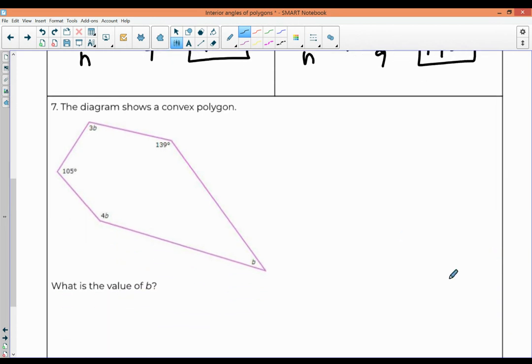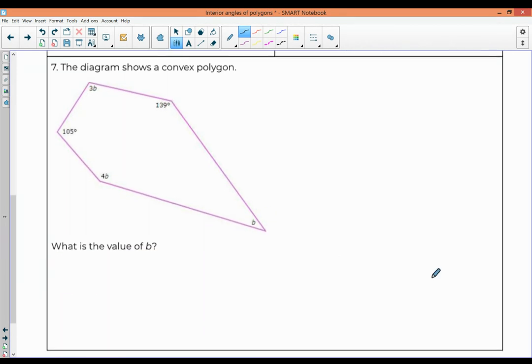All right, and finally, a little algebra. So this diagram shows a convex polygon, and we want to know what is the value of b. So first I need to figure out what the sum is. So this is 1, 2, 3, 4, 5. So I know that n equals 5, and I need to find the sum of the interior angles.